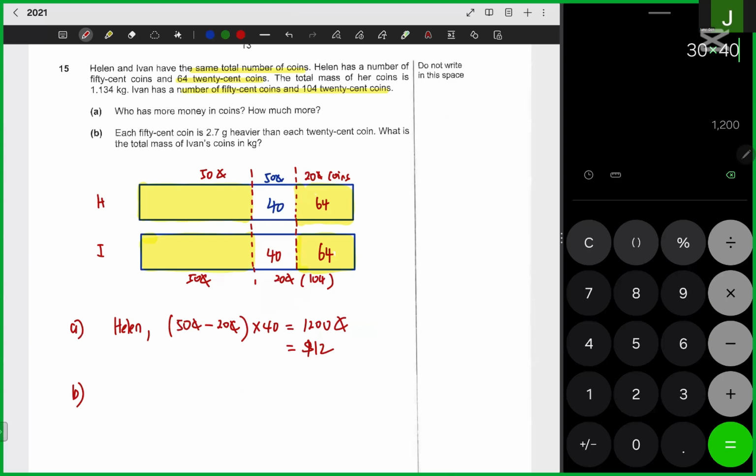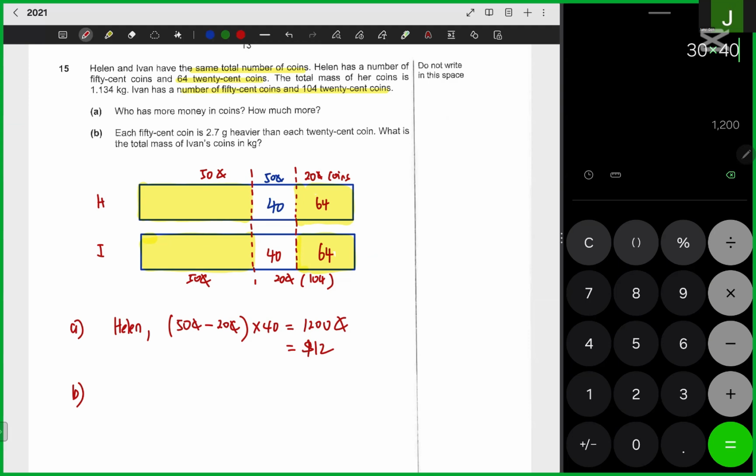Okay, B. Each 50-cent coin is 2.7 gram heavier than each 20-cent coin. What is the total mass of Ivan's coins in kg? Again, Helen's and Ivan's difference, whether in value or in mass, is only in the unshaded part, the 40 50-cent coins versus the 40 20-cent coins.